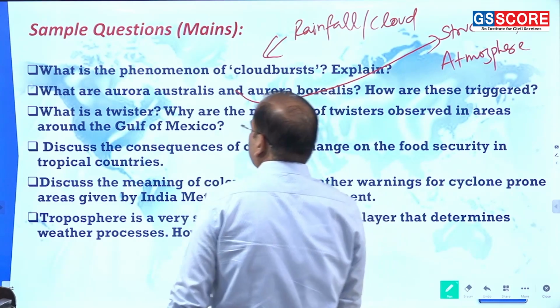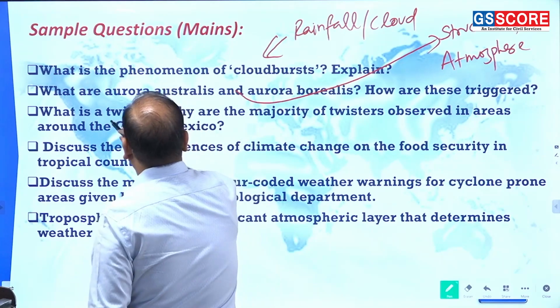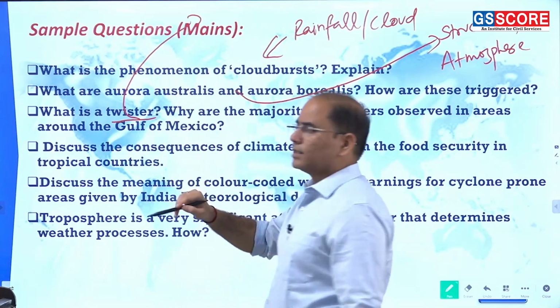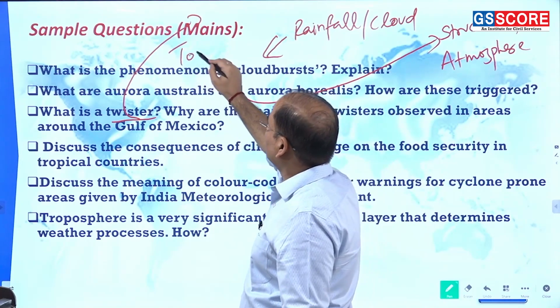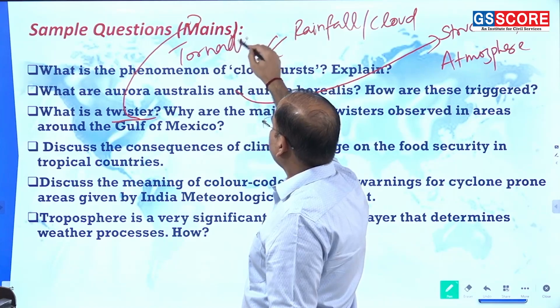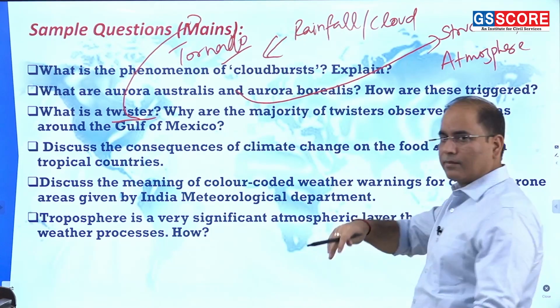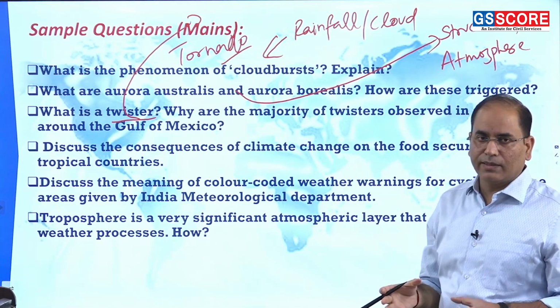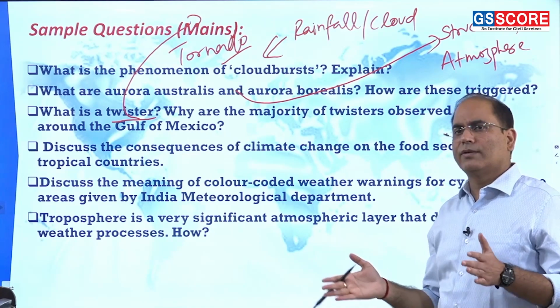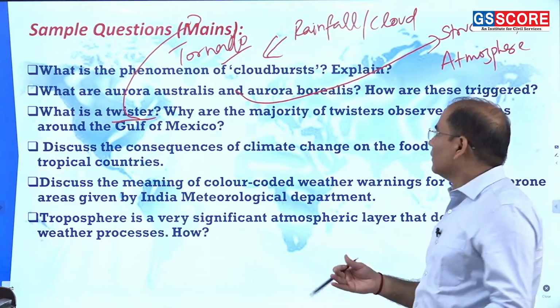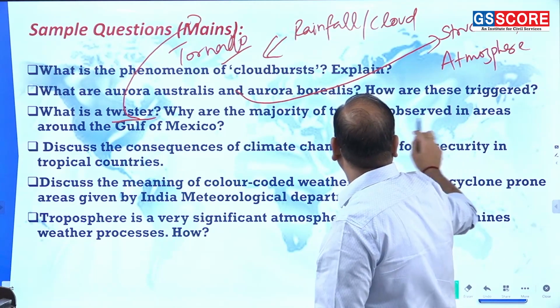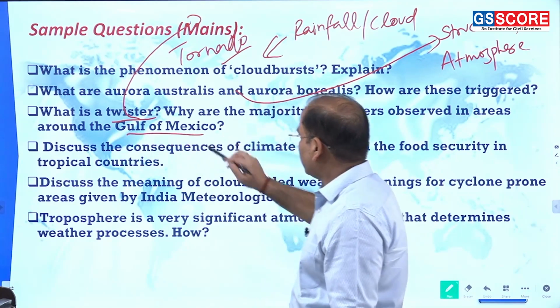Then one more question has been asked in 2024, what is a twister? Twisters are nothing but tornadoes, and they mostly develop over the land part near the Gulf of Mexico region. So they are very similar to the characteristics of the tropical cyclone. So the majority of twisters are observed in the areas of the Gulf of Mexico.